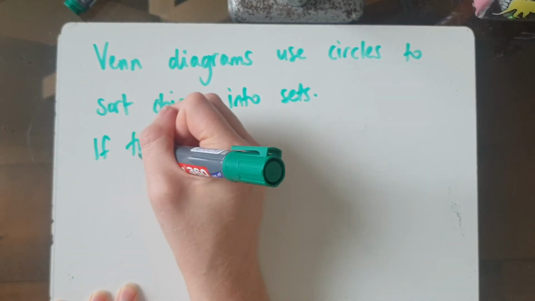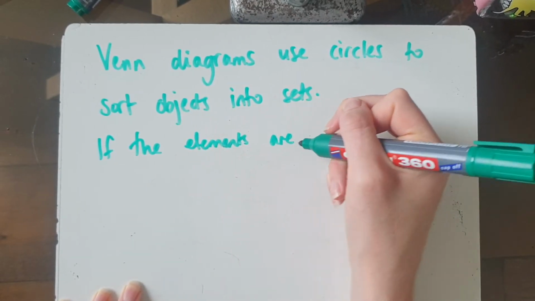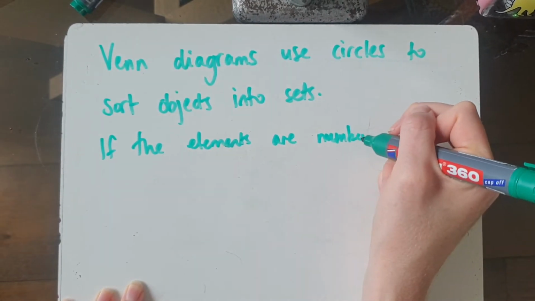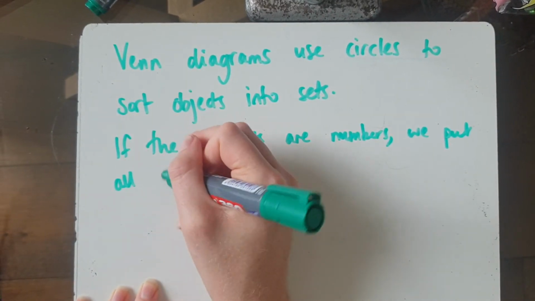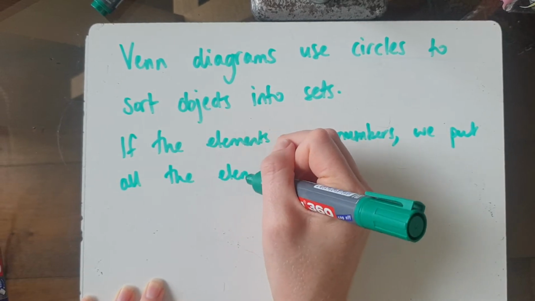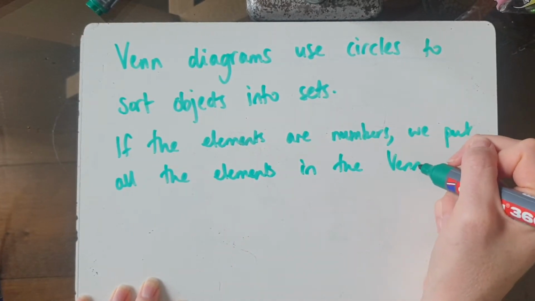If the elements are numbers, we put all the elements in the Venn diagram. So that's like what we just did.